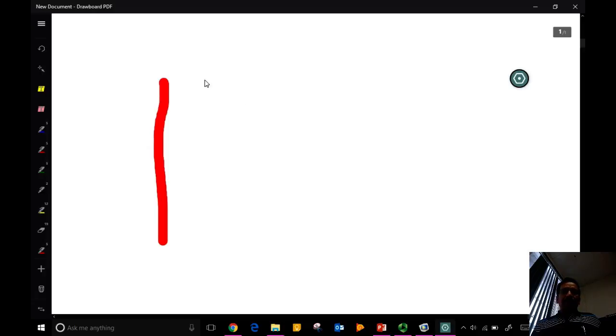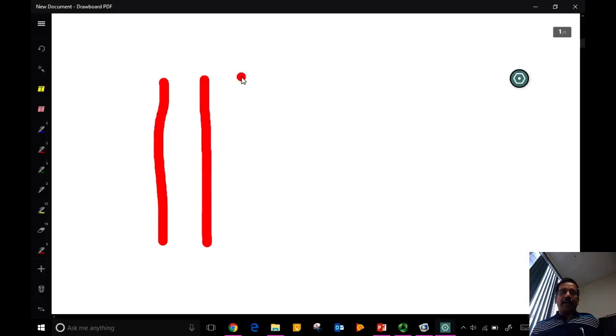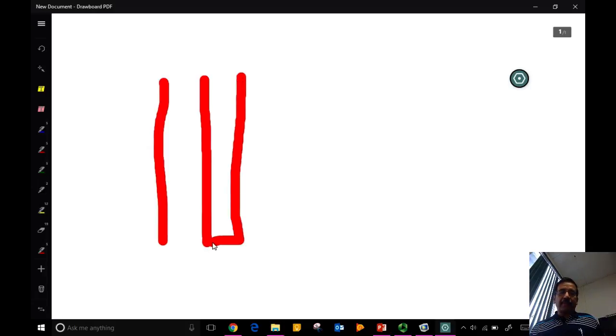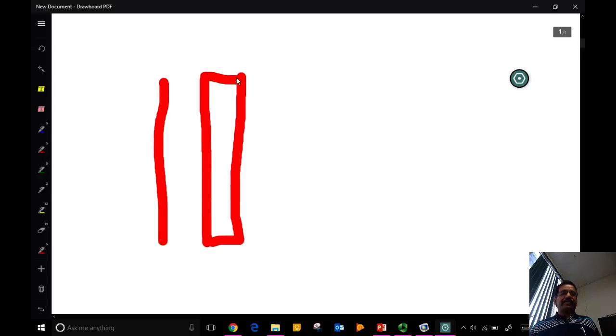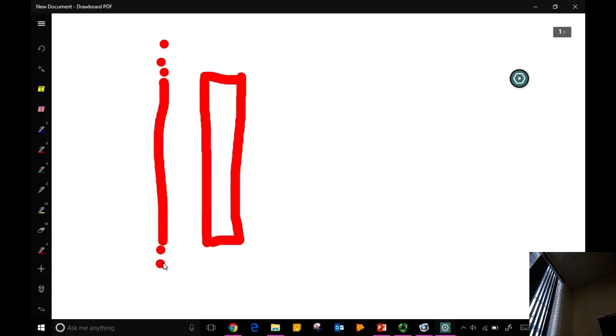Okay, so the geometry I'm going to consider is two concentric cylinders. I'm showing you a cut section of that, and this is your axis. If you take this rectangle and rotate it around 360 degrees, you will form a concentric annulus.